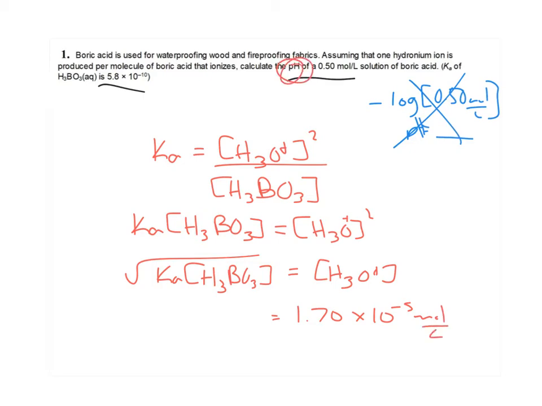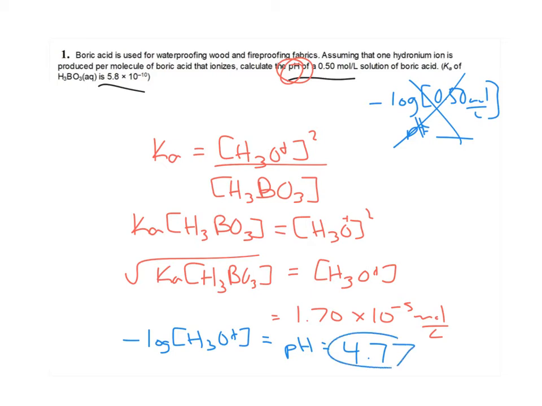Now this question asks for the pH. So this is an example of why we need to know those calculations so that we can convert these. So the negative log of my hydronium ion concentration is going to be my pH. So the negative log of my answer, negative log, and then second answer, is 4.77.